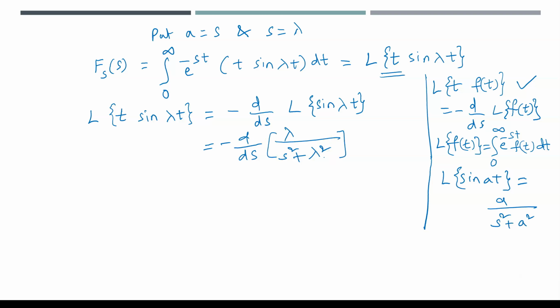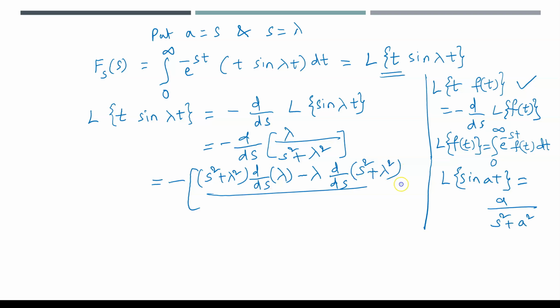You can use the d by dx of 1 by x formula or u by v. If you apply the u by v rule, here s square plus lambda square into d by ds of lambda minus lambda into d by ds of s square plus lambda square, upon s square plus lambda square whole square.